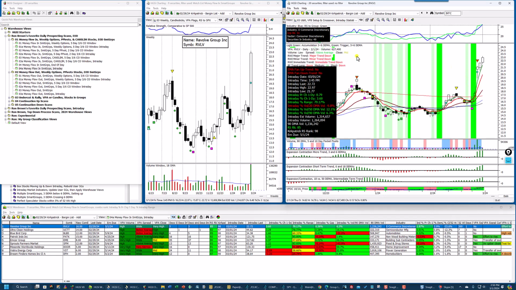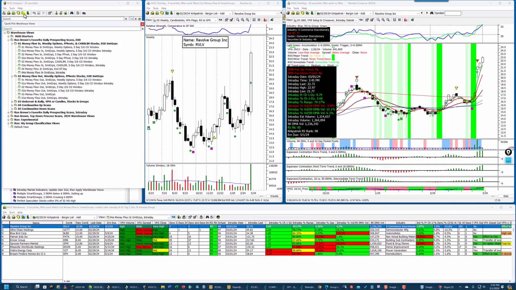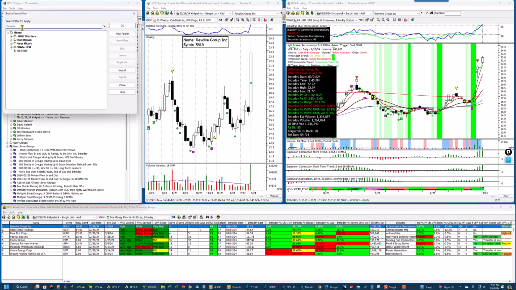But let's do a little experiment here. What's the symbol? I don't need Intel in there. RVLV. I'm going to go to my filters, and I'm going to type in symbol.